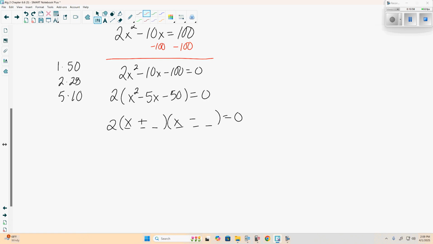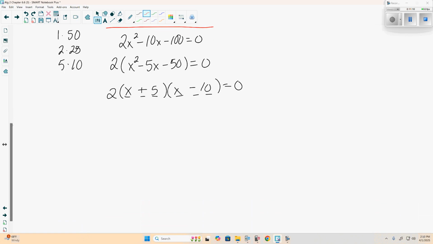Factors of 50 are 1 and 50, 2 and 25, 4 and 10, or 5 and 10. Well, we'd want positive 5 and negative 10. Two things multiplied together to equal 0. One of them has to be 0. So we're saying that x plus 5 is 0 and x minus 10 is 0. Yes?